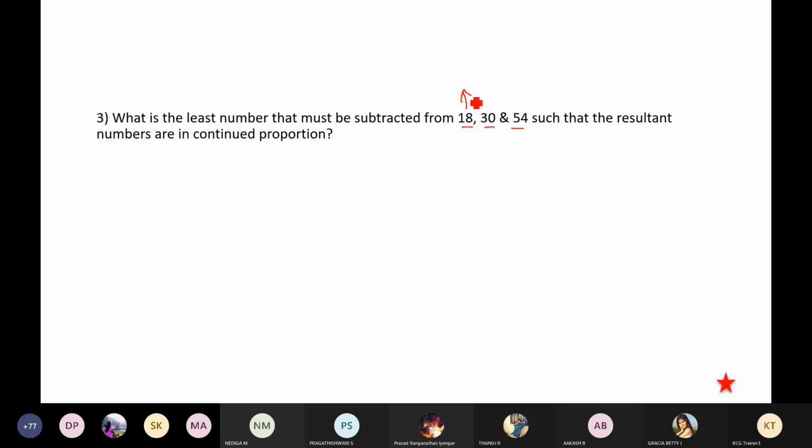They say that if a number is subtracted from these numbers, let's say 18 minus x, 30 minus x, 54 minus x, then these numbers are in continuous proportion. They want us to find out the value of x.